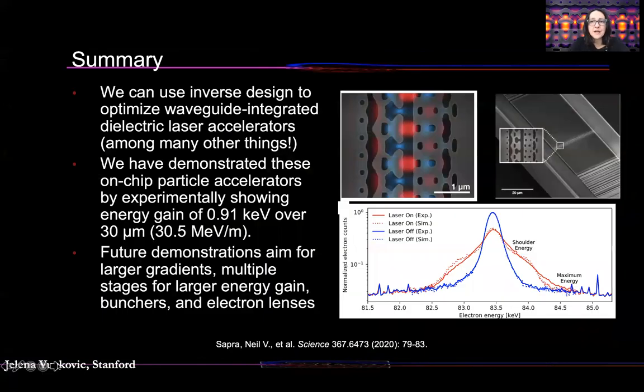So in summary, we can use photonic inverse design to optimize laser-driven particle accelerators on a chip. We have already demonstrated a single stage of accelerator, which is fully scalable and compatible with integration. We have 30.5 mega electron volts per meter acceleration there. We used lasers at a wavelength of 2 microns for that experiment, but in future work we'll probably move to 1.5 micrometers just because of the availability of equipment.